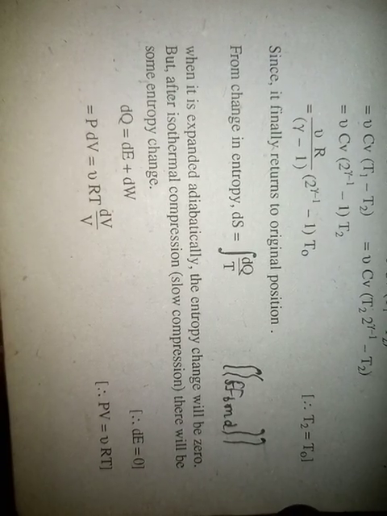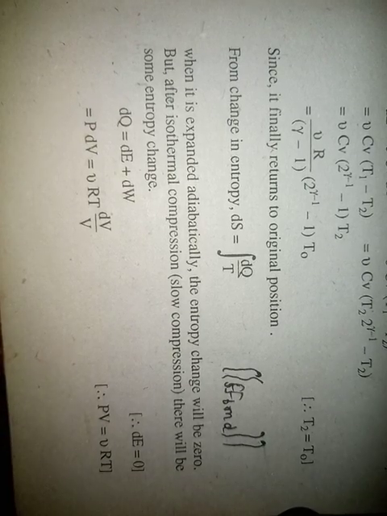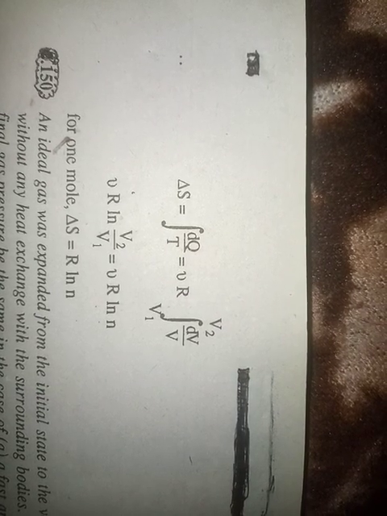Hence dQ equals dU plus dW equals p dV equals nu RT dV by V. Hence delta S equals integration dQ by T equals nu R into integration from V1 to V2 of dV by V equals nu R log V2 by V1 equals nu R log n. For 1 mole, delta S equals R log n. Answer.